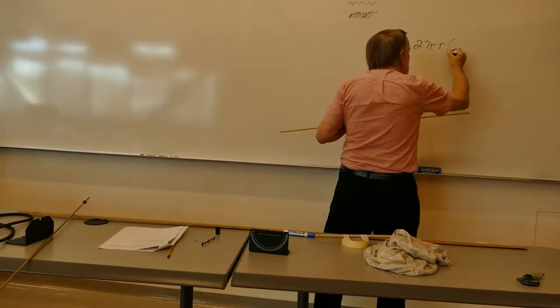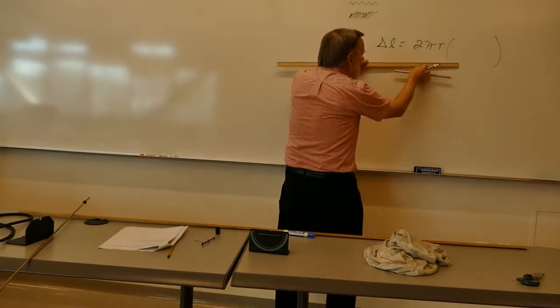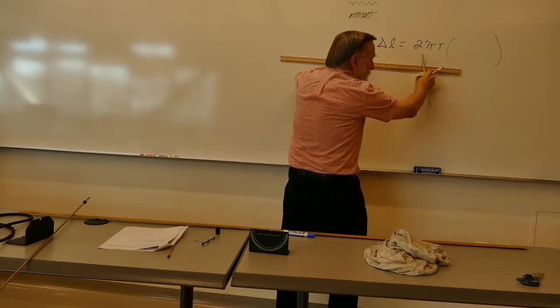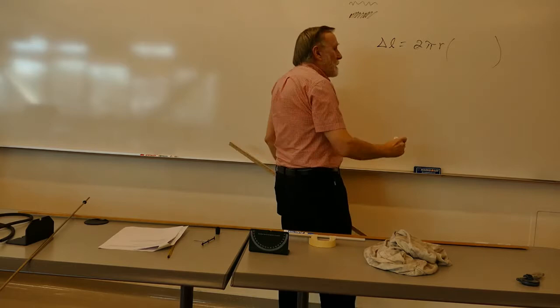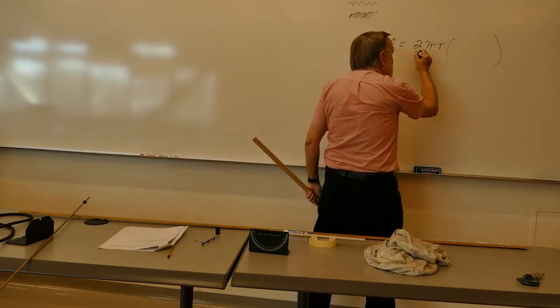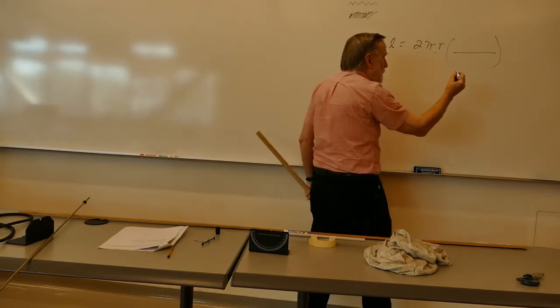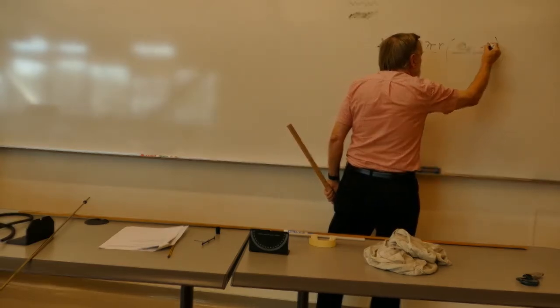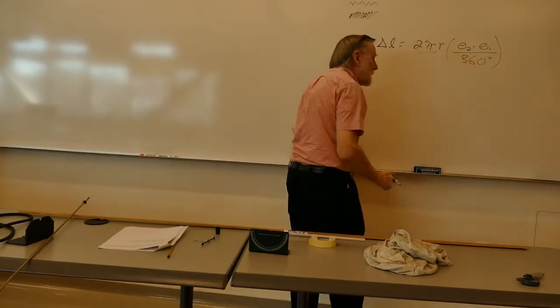But that would be for 360 degrees. Suppose it didn't rotate all the way around, but only halfway, or only a fourth of the way, 90 degrees, or only 45 degrees. Then you can see that the change in length would be the circumference multiplied by the ratio of whatever the angle change was over 360 degrees.